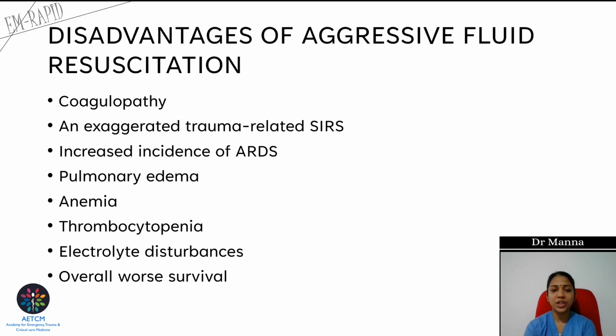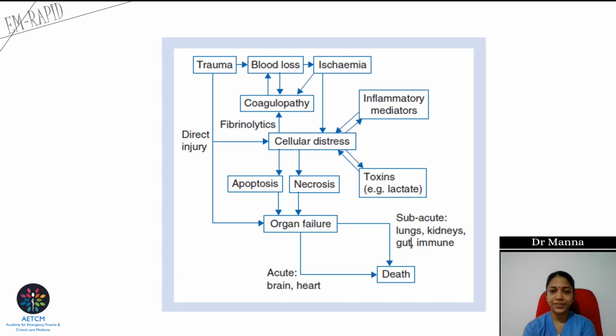Then there is a higher risk of ARDS and pulmonary edema for these patients because of fluid overload. There can be dilution of the hemoglobin and the platelets, which can cause anemia and thrombocytopenia, which can again worsen the bleed. Then there can be electrolyte disturbance, and an overall worse prognosis. So we shouldn't aggressively resuscitate the patient with trauma with fluids.